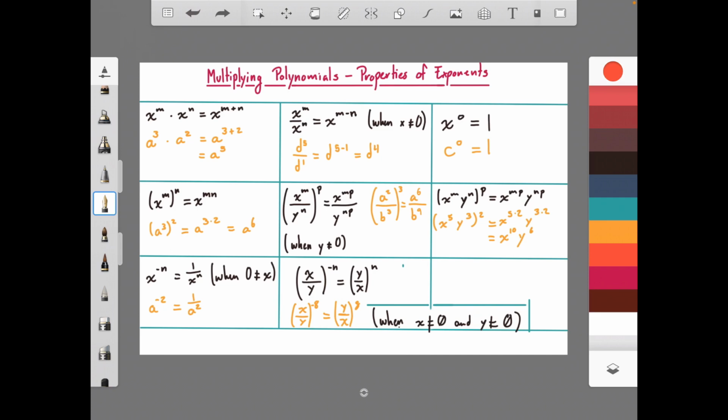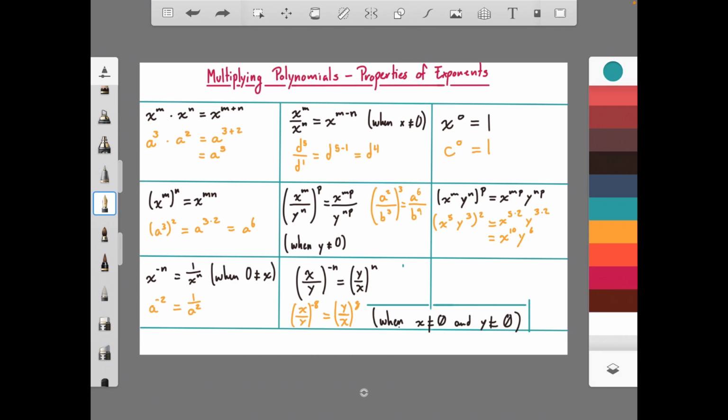Okay, so yeah, now for this first one, we have x to the m power divided by y to the n power, all of that raised to the p power, is going to be equal to x to the m p power divided by y to the n p power.